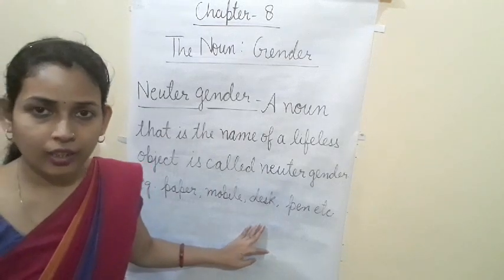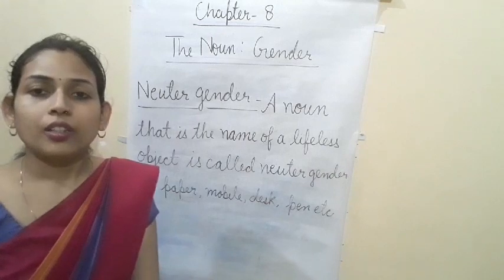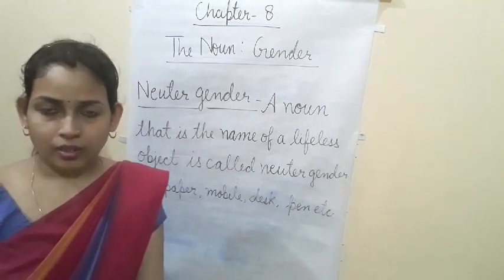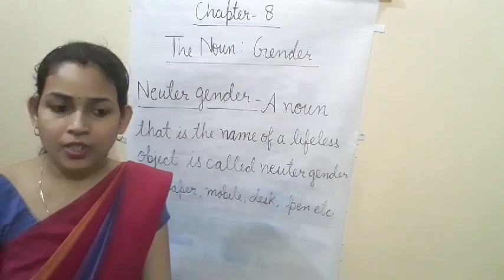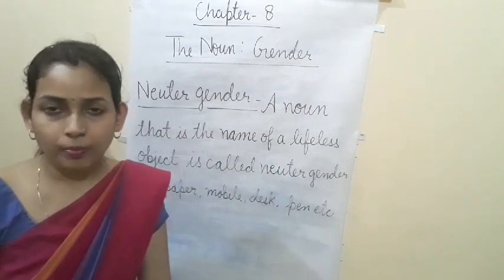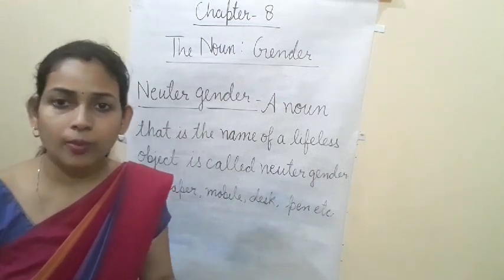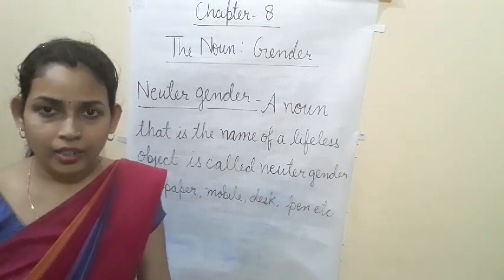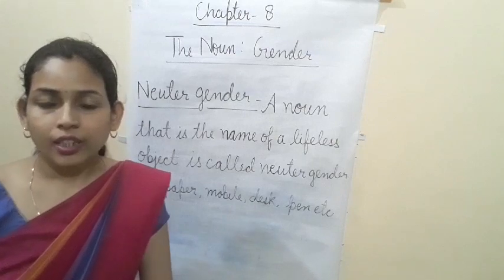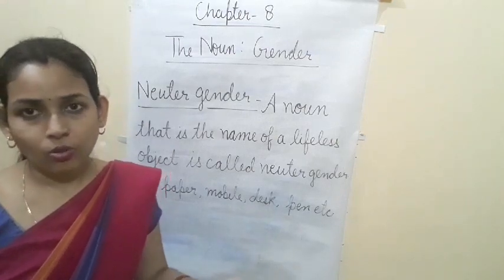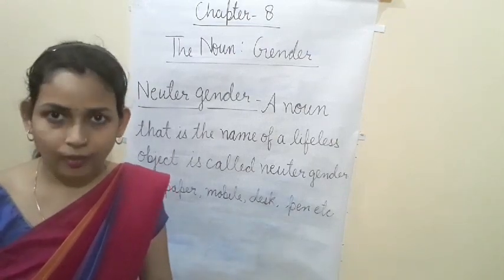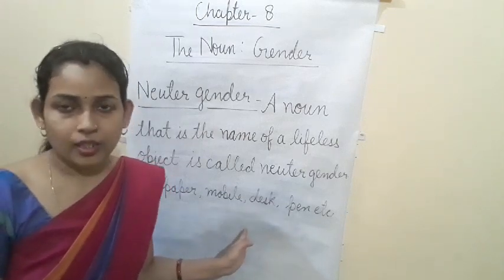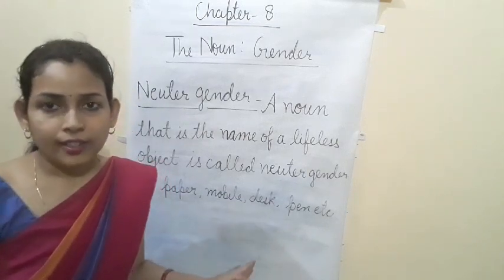What is neuter gender? Neuter gender refers to lifeless objects. Lifeless objects means table, chair, pen, sofa, fan, mobile, box, bottles. These have no life, so we keep those lifeless objects in the category of neuter gender.